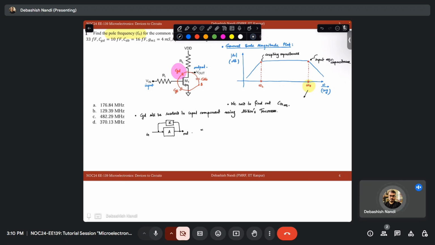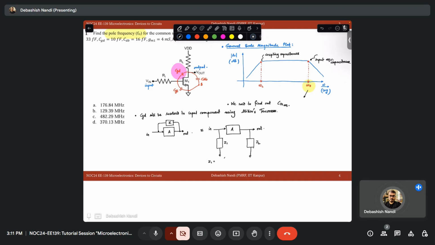How can we write this? This is your A, the gain of that path, and this will be your Z1, and this will be your Z2. This is your input, this is your output. So what is Z1?